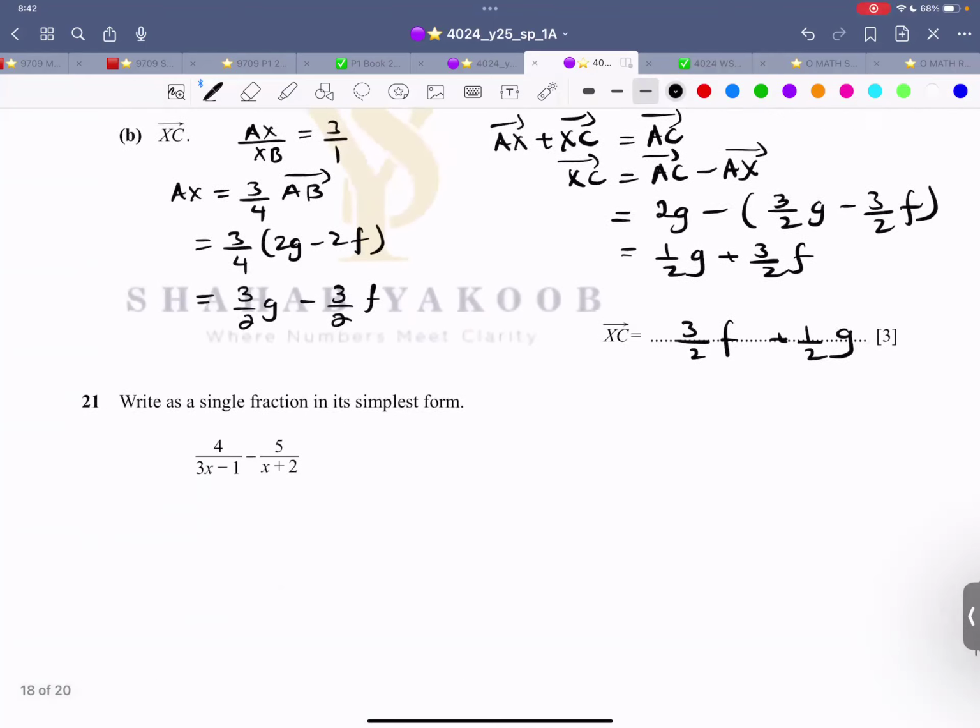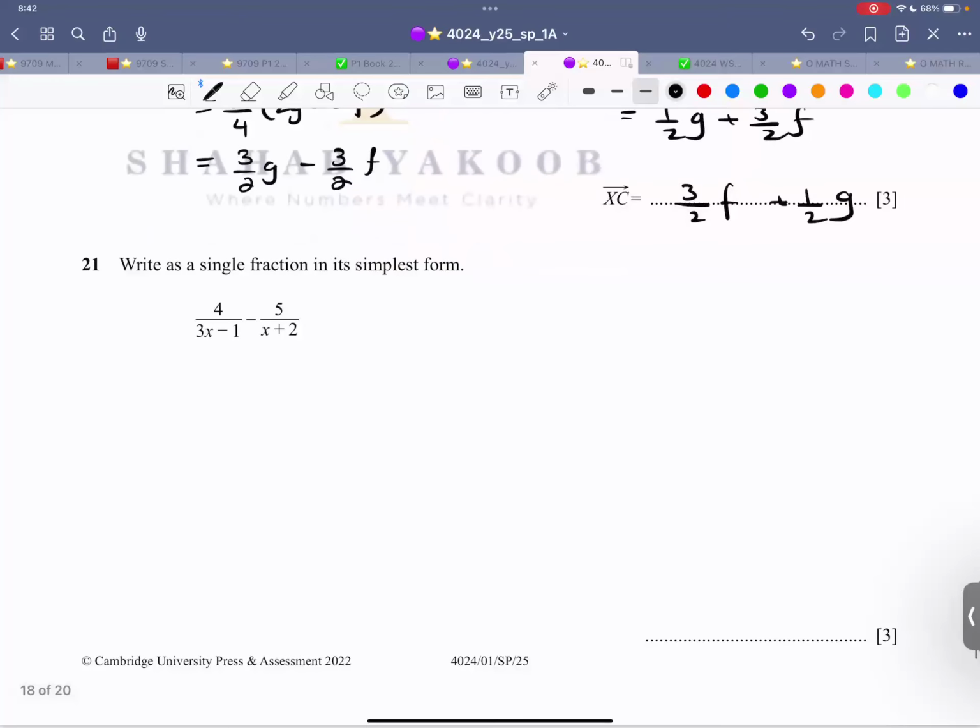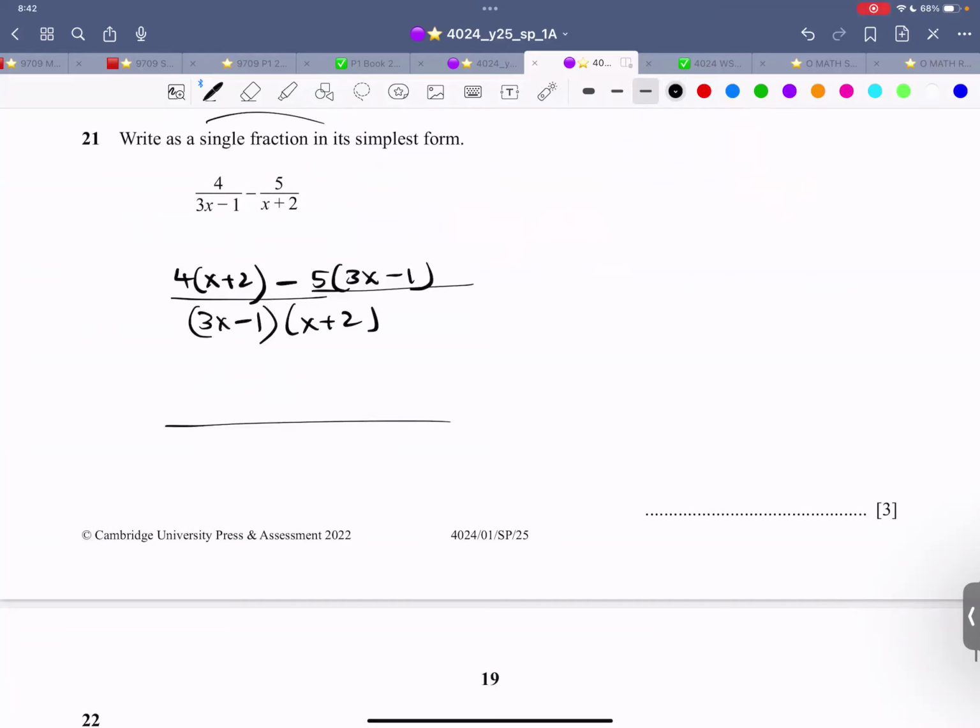Question, let me do 21 and then I'll do the timing. This thing, LCM, single fraction. It's not an equation. So 3x minus 1, x plus 2, 4 is multiplying with x plus 2 minus, as it is, 5 is multiplying with 3x minus 1. Do not multiply out the denominator, leave it as it is, (3x minus 1)(x plus 2). This is 4x plus 8 minus 15x plus 5.